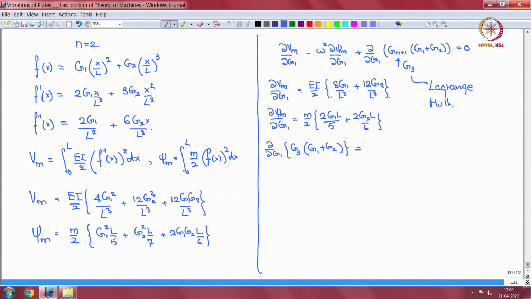So that is equal to G3. Okay, so that's for equation 1.